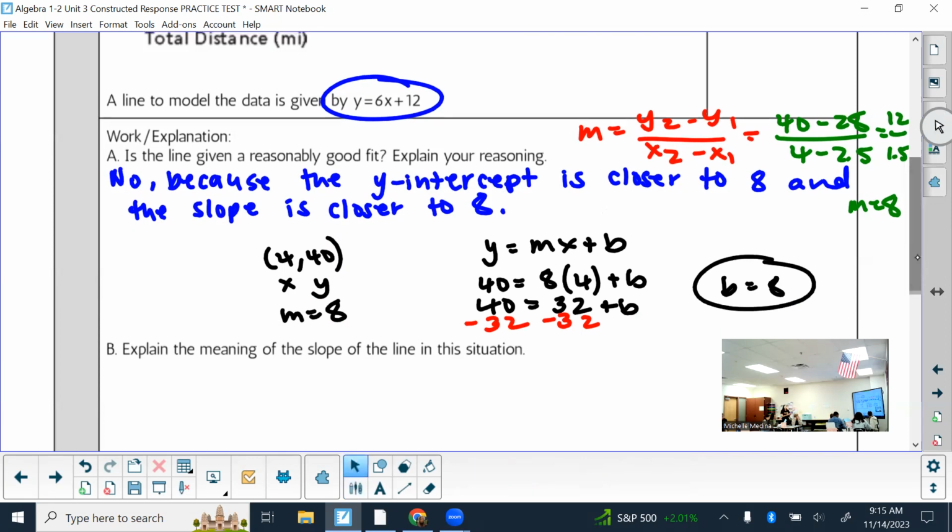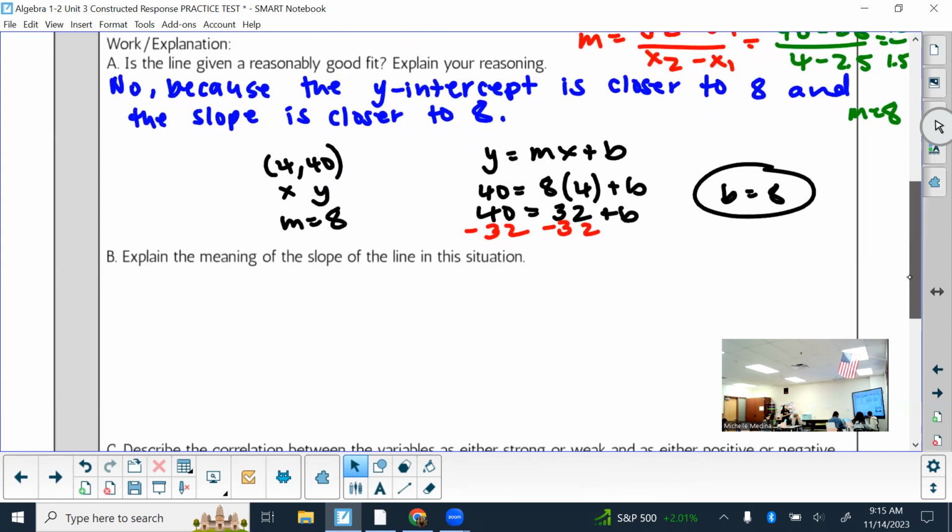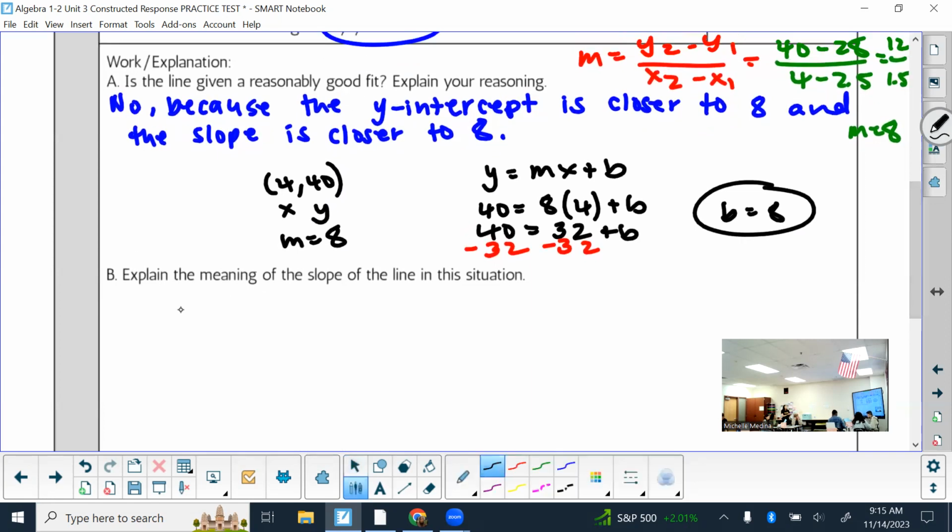Questions on that process? Okay, but so if we're talking about the slope, my slope is 8. The meaning of it in this situation, you have to relate it to the real world problem. So it was talking about him working out or her working out, and let me go back up to my graph.